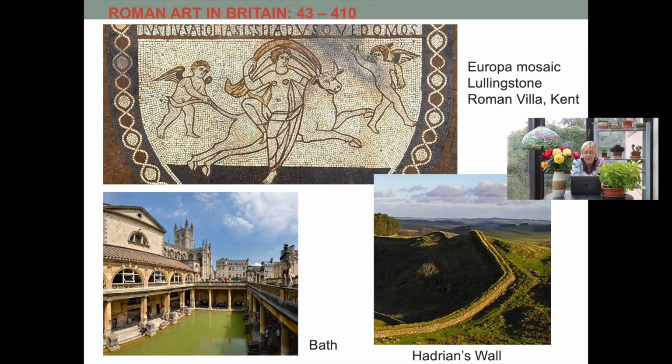So we have the abduction of Europa. So the story of the god Zeus, or Jupiter as the Romans would call him, transforming himself into a white bull and carrying away a beautiful princess.